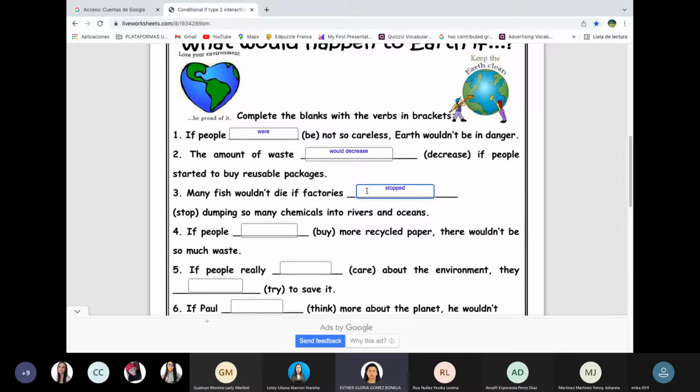Many fish wouldn't die if factories stop. Many fish would. Go ahead. Many fish. Many fish could die if factories stop.